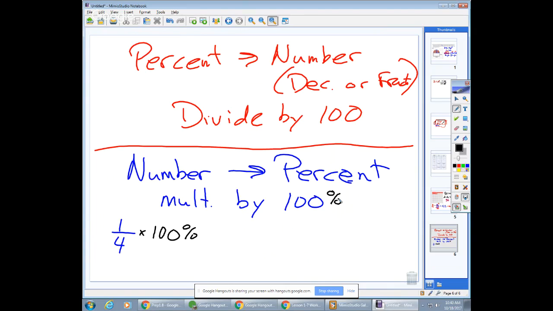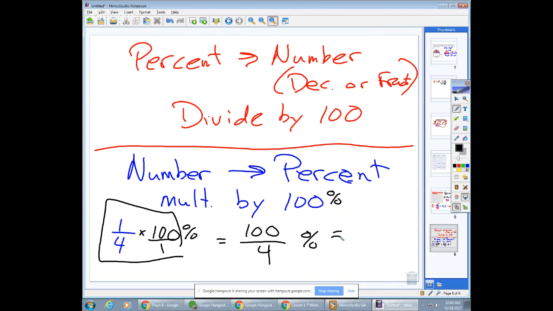I can just plug this into my calculator. What's 1/4 of 100? Or maybe I can just figure it out in my head. Multiplying fractions, you could say that's 100 over 1. So my numerator is 1 times 100. My denominator is 4 times 1. 4 goes into 100 how many times? 25 on a good day, so that must be 25%.